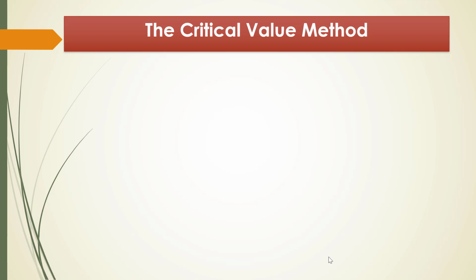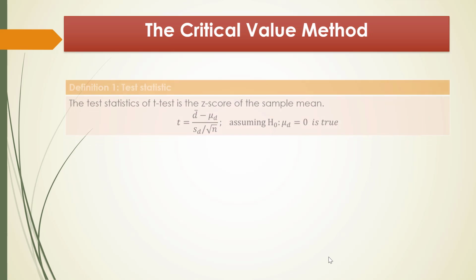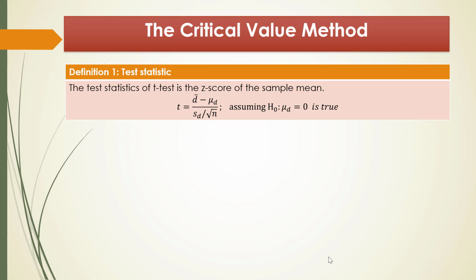Alright, so now let's look at the critical value method. Now we are going to focus on the sample of the differences and ignore the samples of before and after. So the test statistic here is the t-score of the sample mean of the differences. t is equal to d bar subtract mu d over s d over root n, assuming that the null hypothesis mu d is equal to 0 is true.